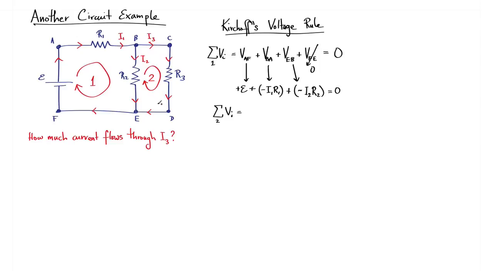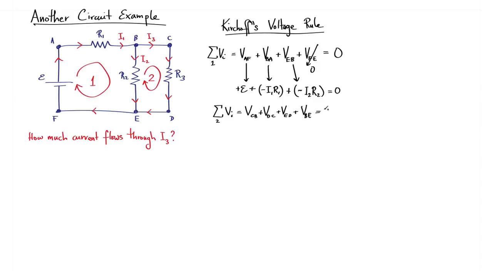Now our voltage around loop 2 is going to go this way. We're going to start at point B. We go from B to C, then from C to D, then from D to E, and then from E back to B. And that's going to be 0, because again, it's a closed loop.